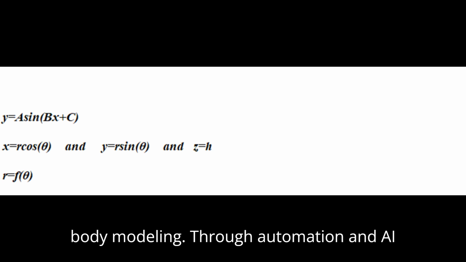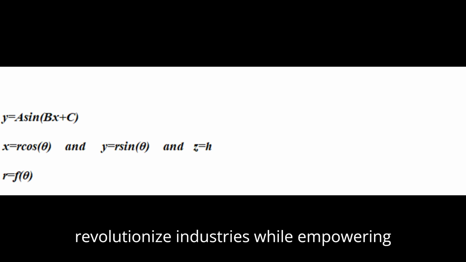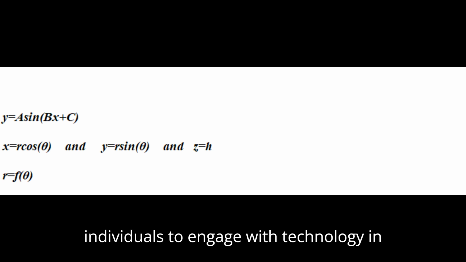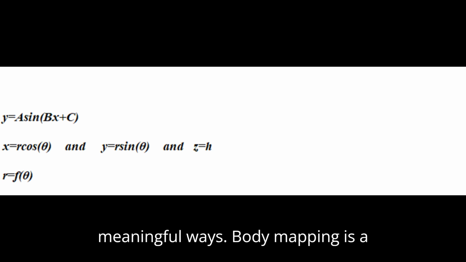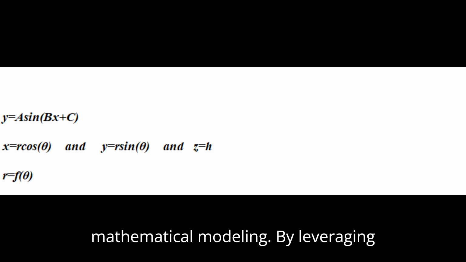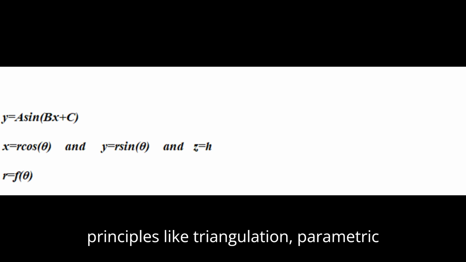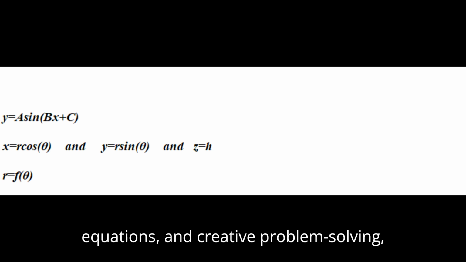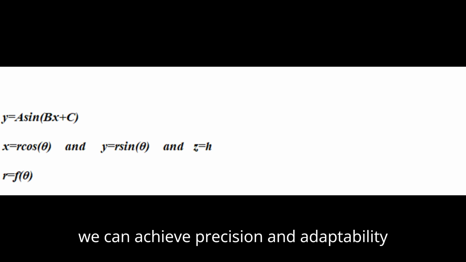Through automation and AI integration, these methods promise to revolutionize industries while empowering individuals to engage with technology in meaningful ways. Body mapping is a trigonometric endeavor, and its most efficient realization lies in mathematical modeling. By leveraging principles like triangulation, parametric equations, and creative problem solving, we can achieve precision and adaptability far beyond what physical devices like bodysuits offer.